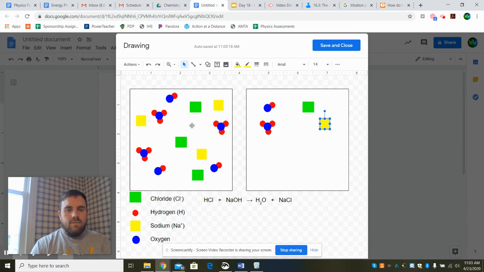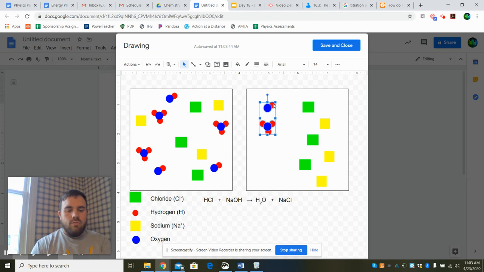Now for ease of this, since I had three hydroniums and three hydroxides, I'm just going to copy and paste. I'm going to click on these here, and I'm going to paste them like that. And then I'm going to do the same thing with these. Because the reaction would have run twice.